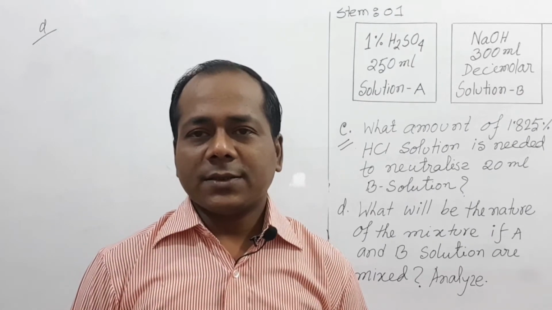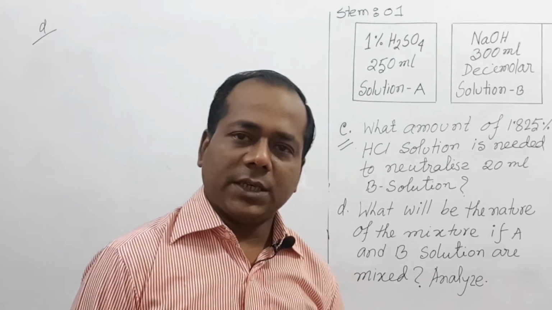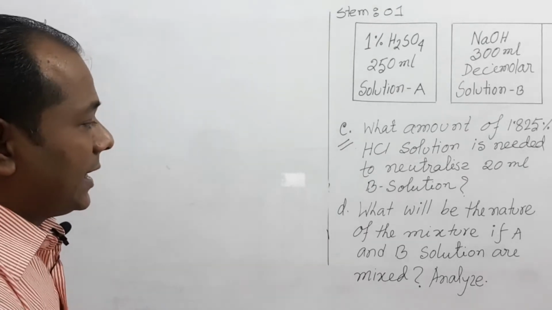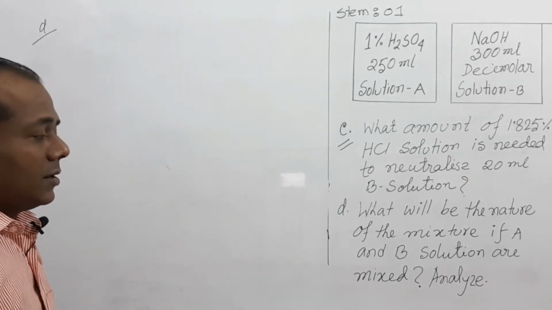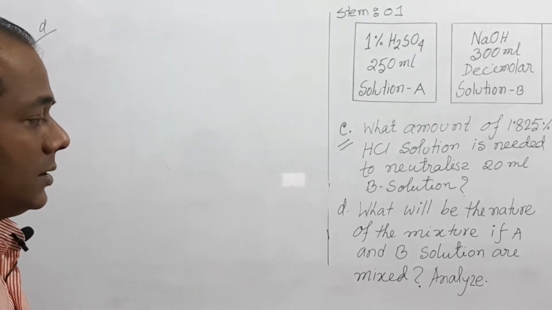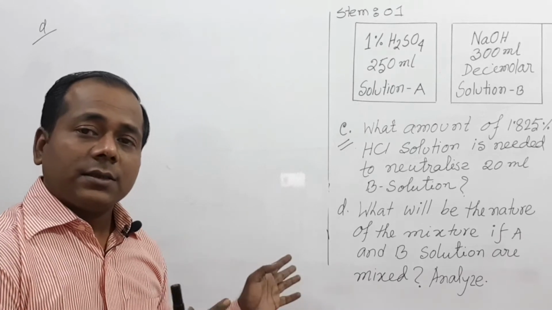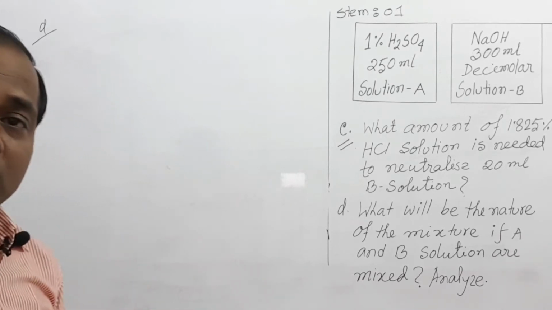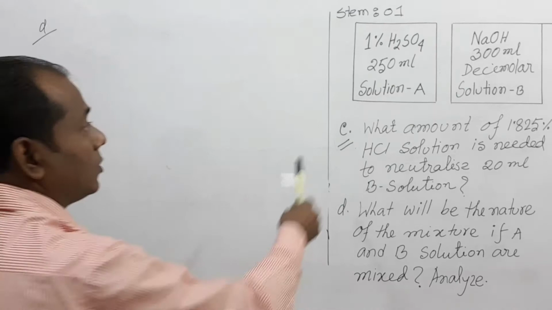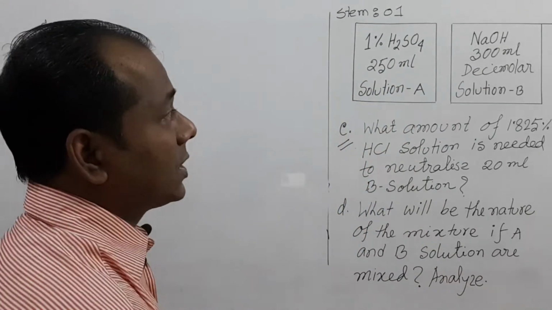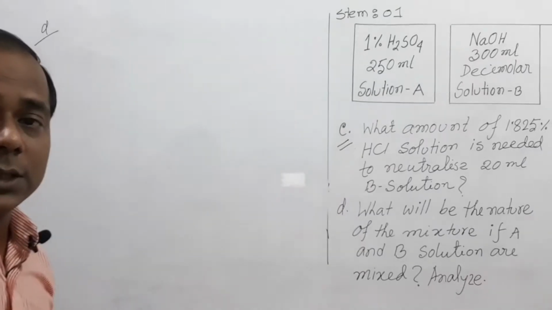My dear students, our next question is question number D. What will be the nature of the mixture if A and B solution are mixed together? Analyze this mathematically. Here given 1% sulfuric acid 250 ml and sodium hydroxide 300 ml decimolar solution.